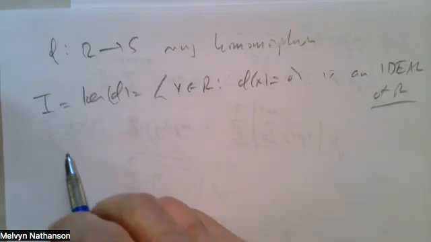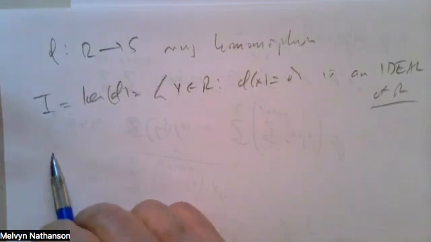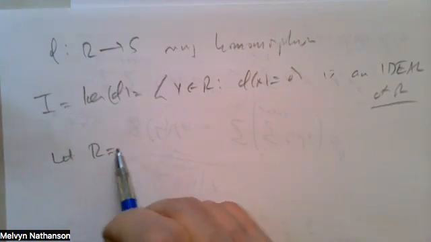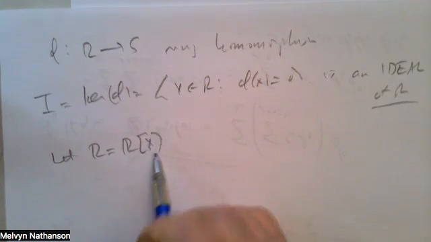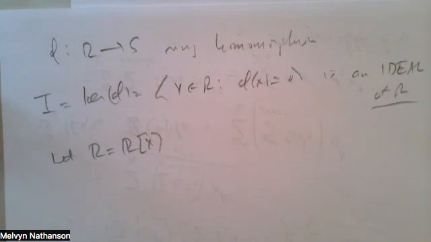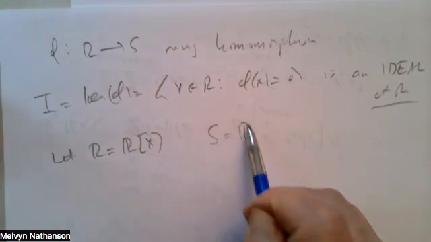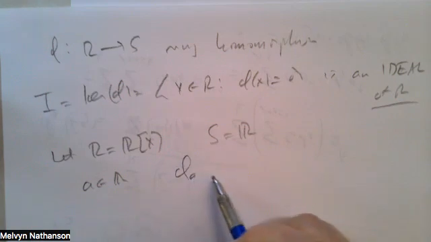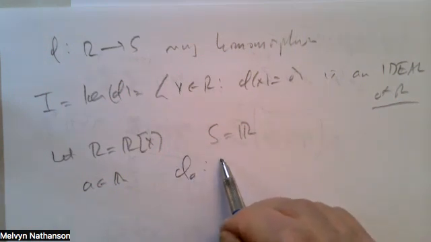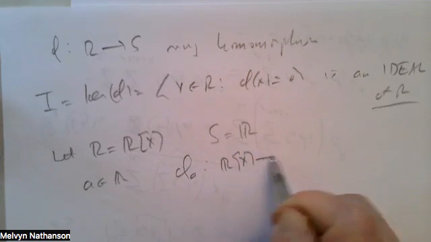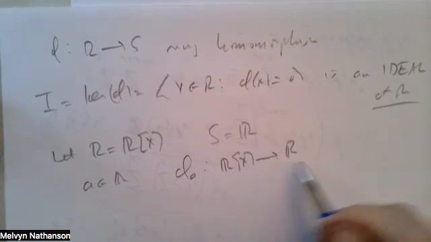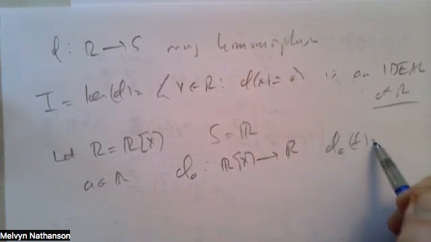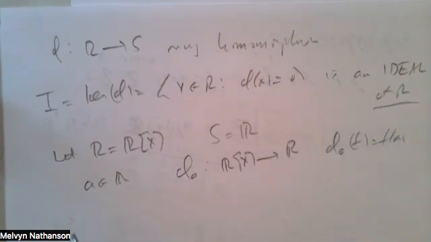And so, for example, suppose we let R be the polynomials with real coefficients, S to be the reals, a some real number, and phi a to be the evaluation map, where phi a of f is just f evaluated at a.